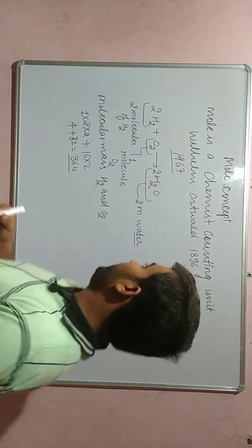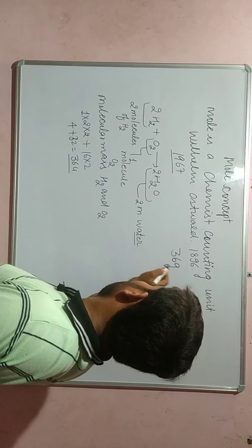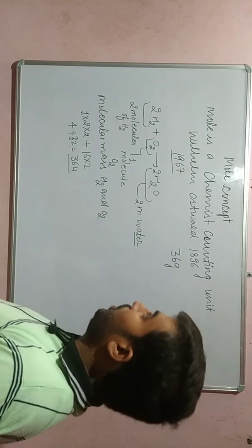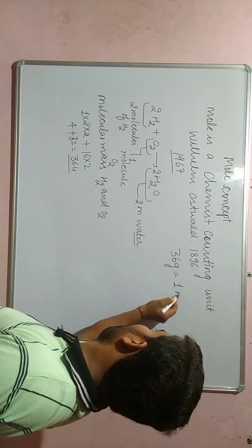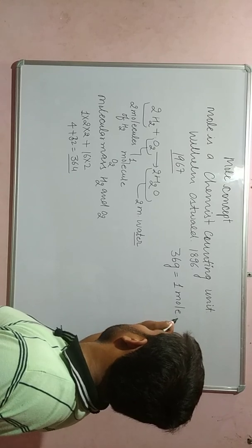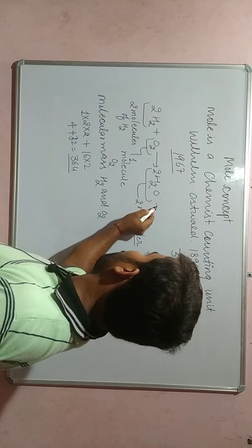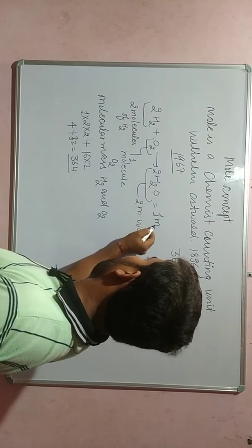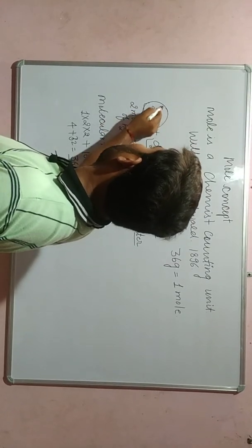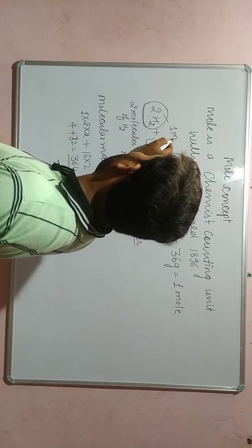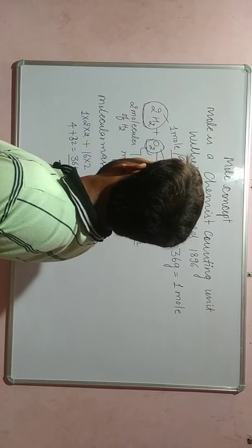36 u. You can write this in gram molecular mass, that is 36 gram. The mole concept says that 36 gram is equal to 1 mole. And these two molecules are also equal to 1 mole, and these two atoms are also equal to 1 mole.